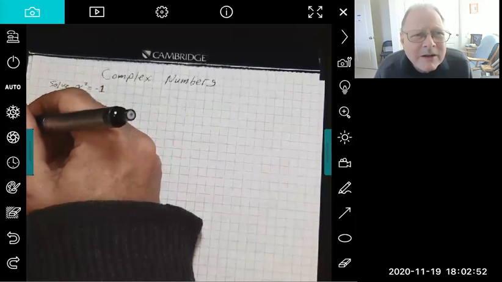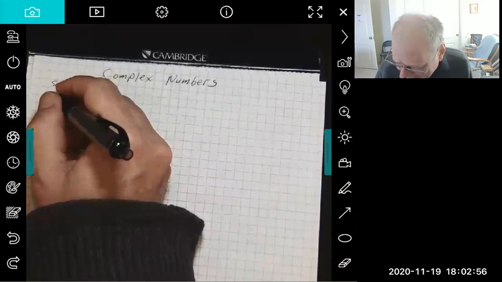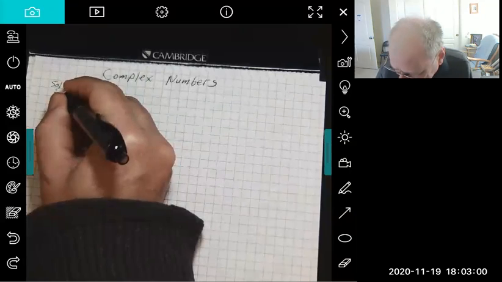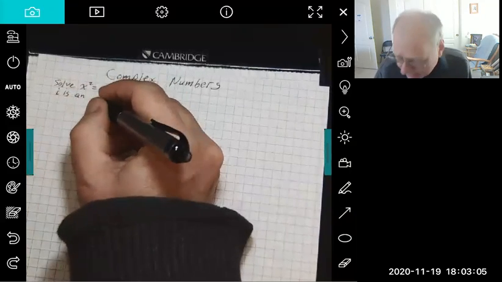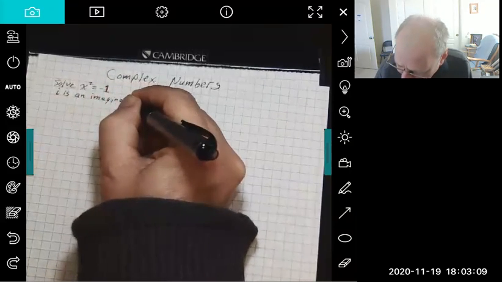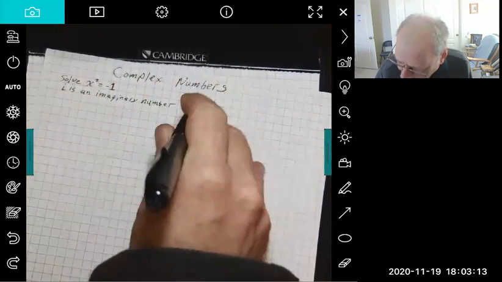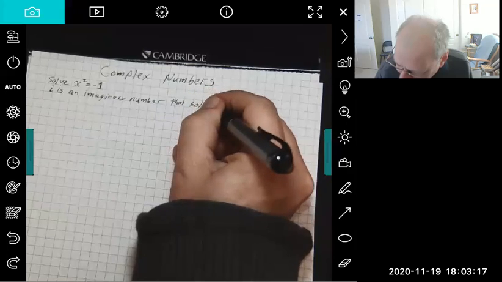And so the earliest approach was to just say, well, let's use a little i, and let's say it's an imaginary number. That solves this.